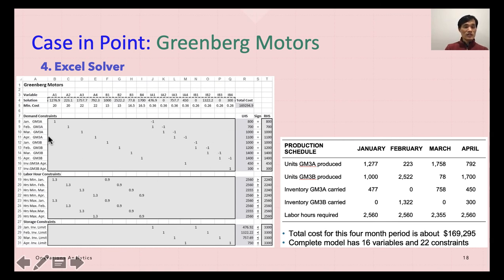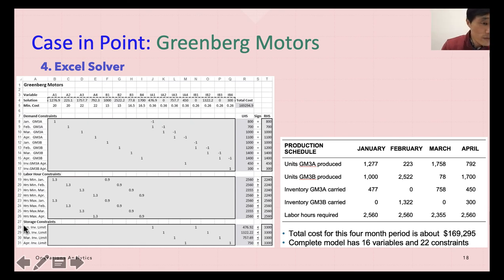So this is demand constraint. The first 10 constraints are the demand constraints, and you have to put those coefficients there, and the left hand side and right hand side and the sign you put in there, and then you move to labor hour constraints, and then you put those 8 of them in there, and then labor left hand side information and right hand side information, and the sign there.